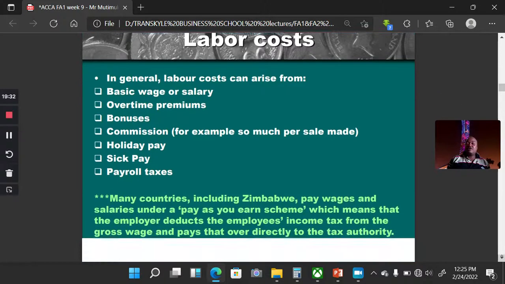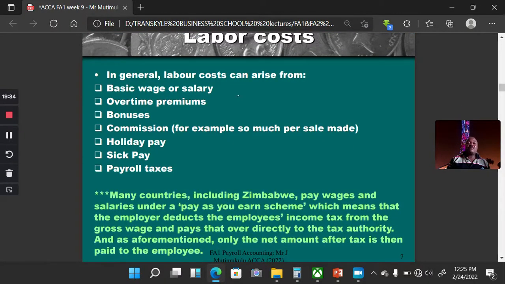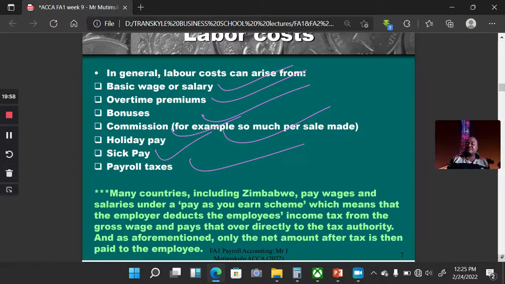So labor costs in general can arise from the basic wage or salary of employees, their overtime, bonuses, commissions, where the employee is entitled to so much percentage on each sale he makes, and sick pay, holiday pay, payroll taxes.